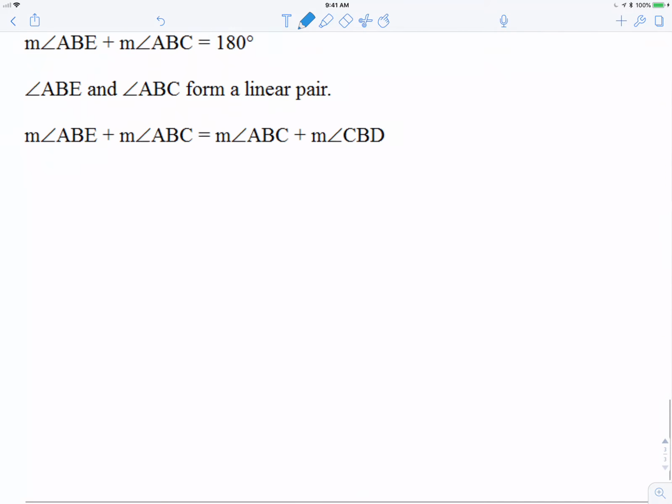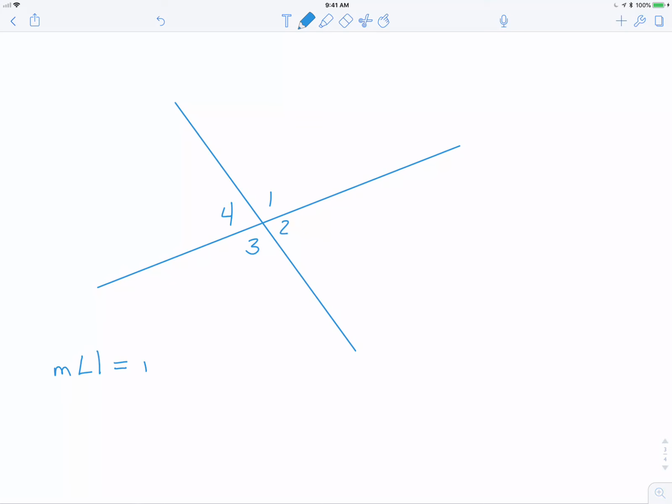But just to be clear what we just concluded, if you have two lines that intersect, you can form adjacent angles that are a linear pair, and you can form non-adjacent angles that are vertical. So like angle 1 is congruent to angle 3, angle 2 is the same measure as angle 4, and that is because they are vertical angles.